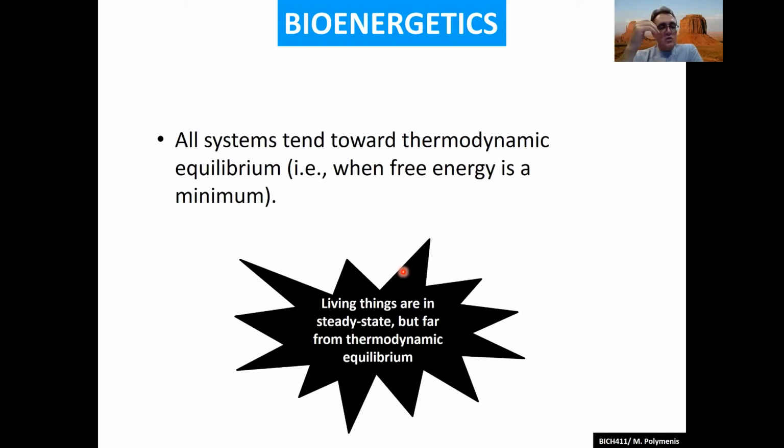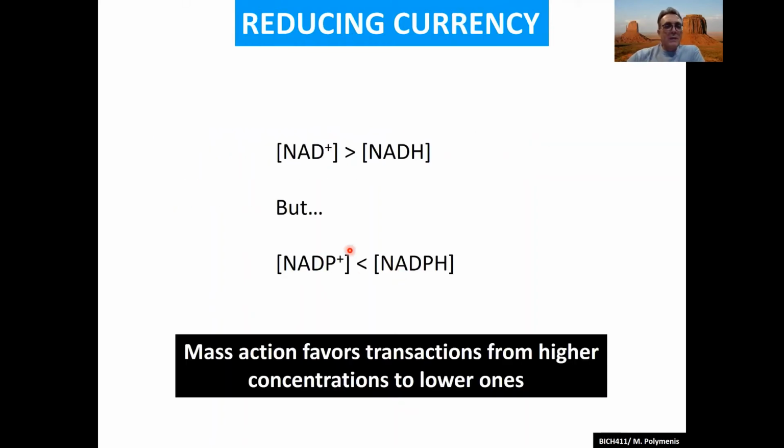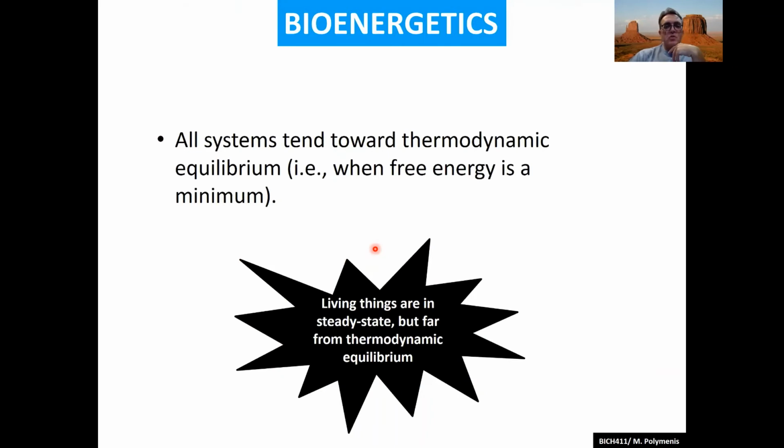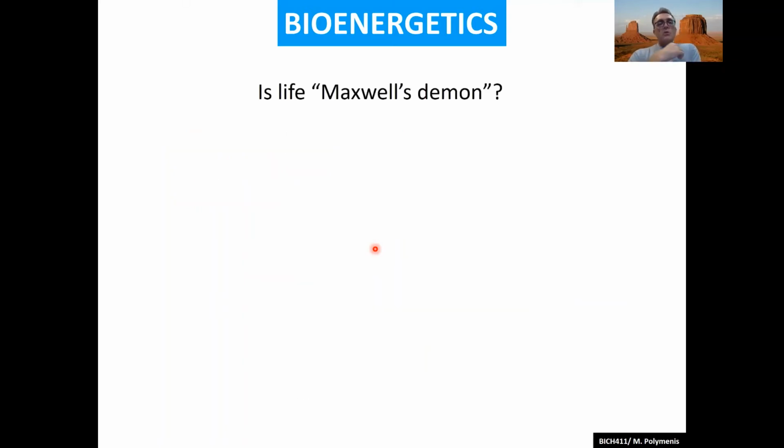Here we also see that they maintain different concentrations of very similar compounds to satisfy their purposes. Which states in another way that even though living things are in steady state, they are far, far from thermodynamic equilibrium. We're going to take a little detour here and discuss a point that has been raised.